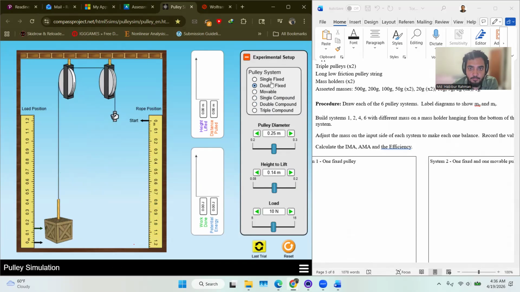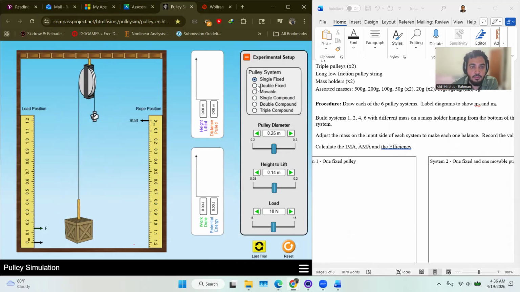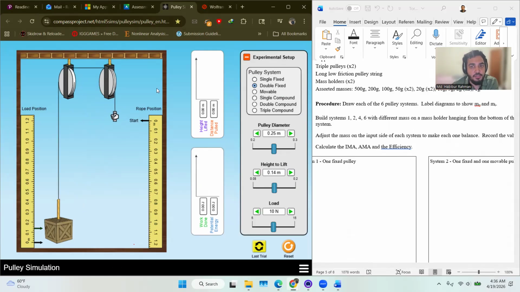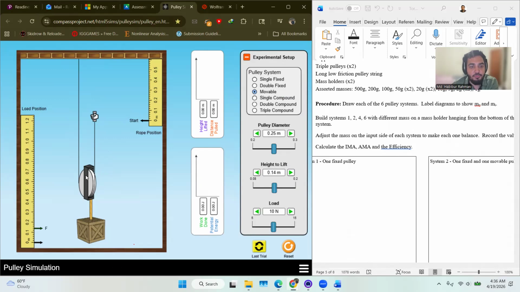Okay, guys. In the pulley system, this is called a stationary pulley and this is called a moving pulley. With a moving pulley, we have to work less. With a stationary pulley, we have to work much more.